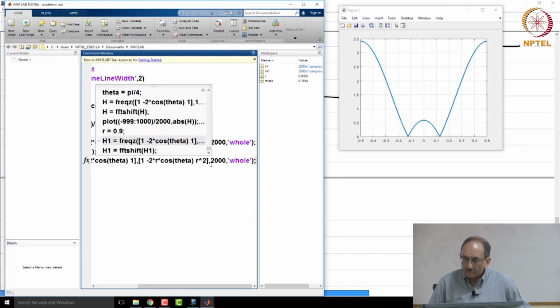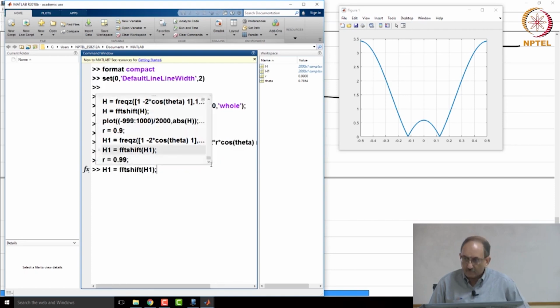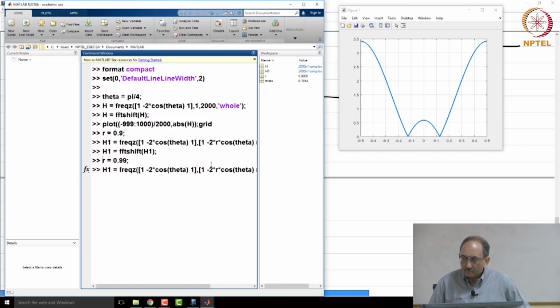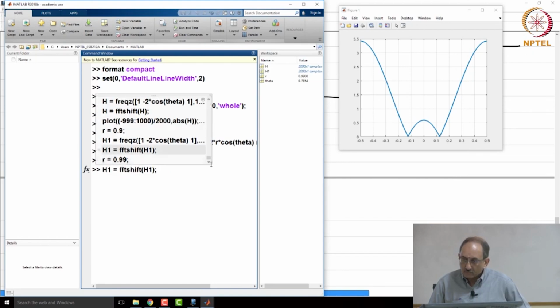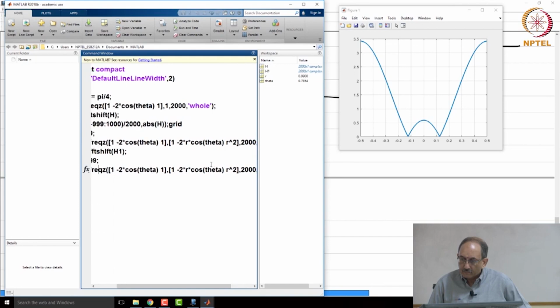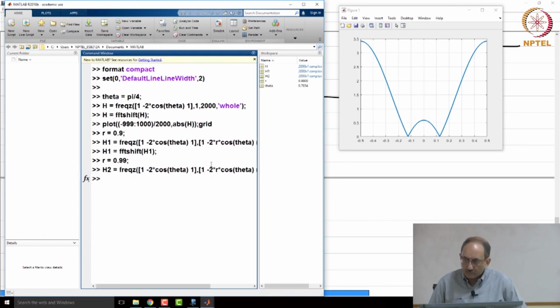Now, let us make this to be 0.99. So this is H2, and we take the fftshift of H2.